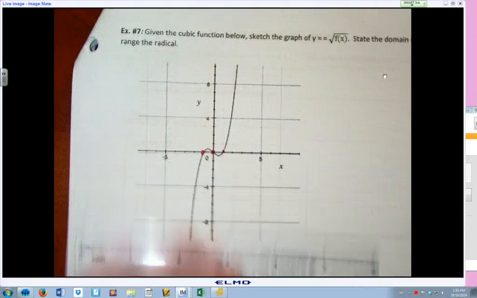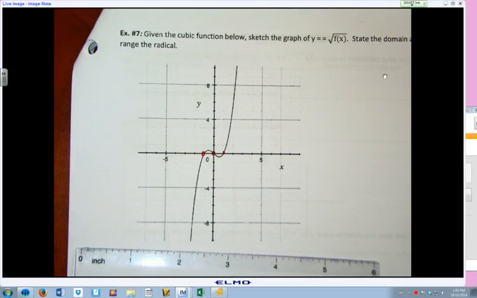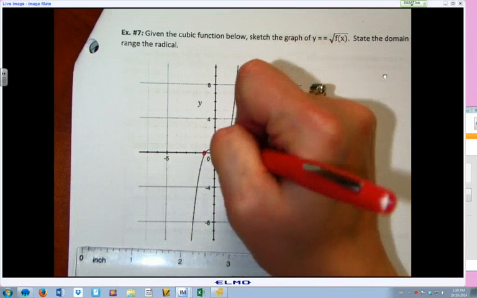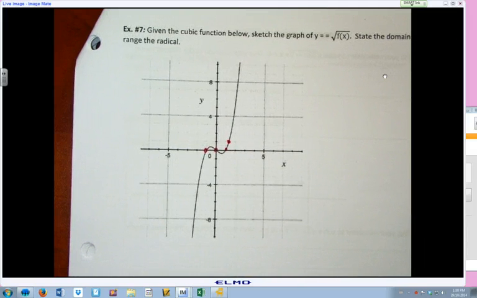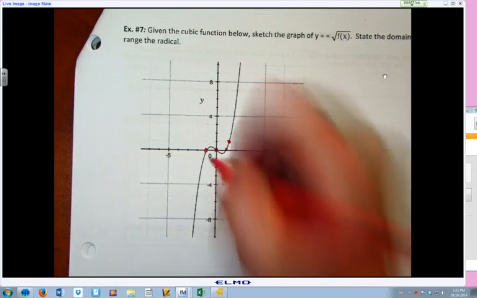Look, there's 3 of them. Step 2, erase the bottom.